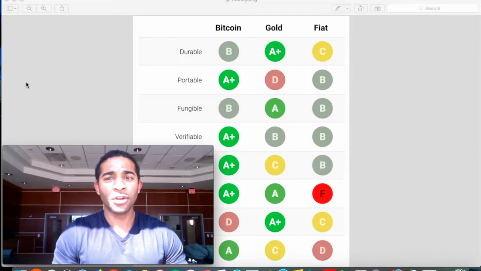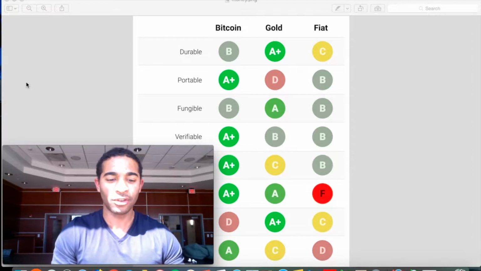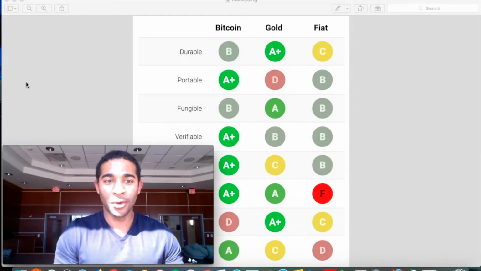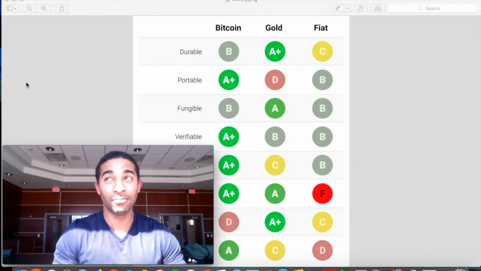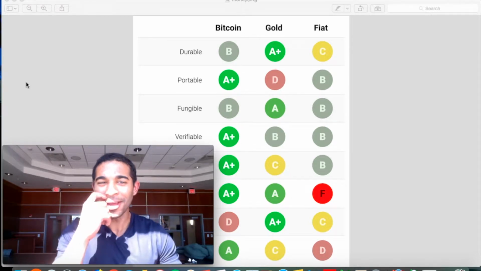And yes, although paper currencies are a little bit more portable, it's not as portable as Bitcoin. Bitcoin is actually the most portable store of value ever, really. You can carry millions or billions of dollars in Bitcoin in your brain through a seed phrase, which is a phrase of 12 to 24 words, or maybe 13 or 25 words, depending on how you do it.